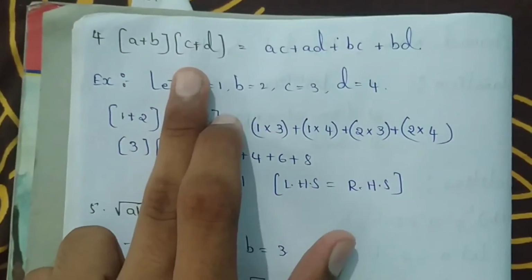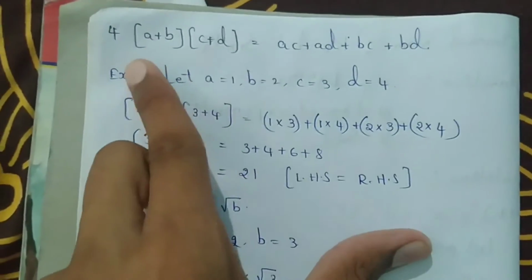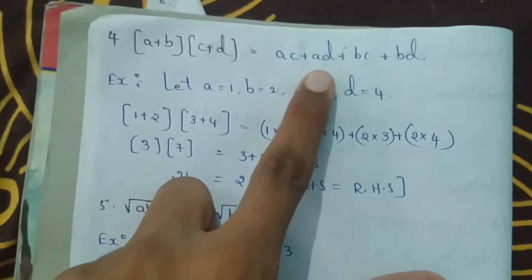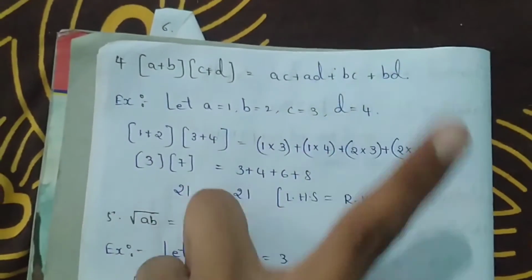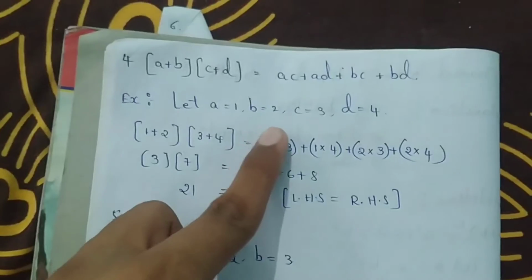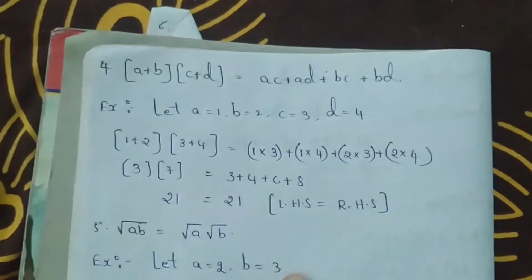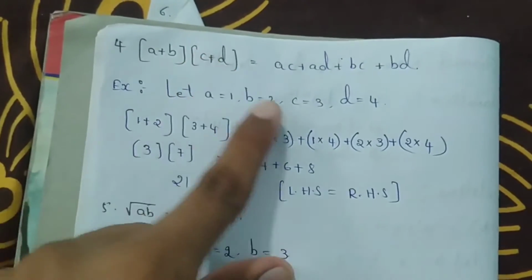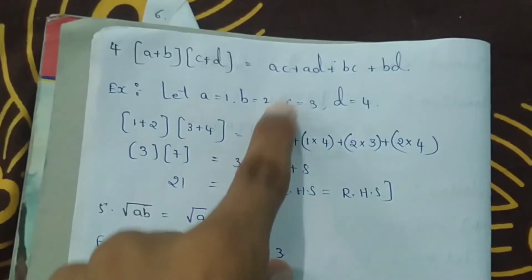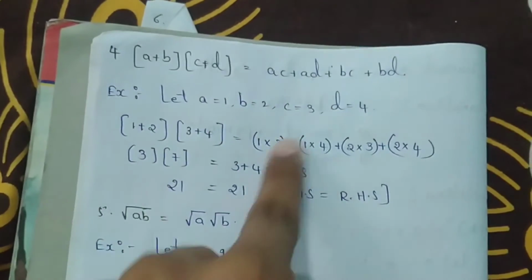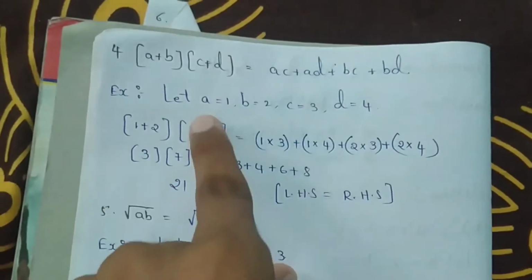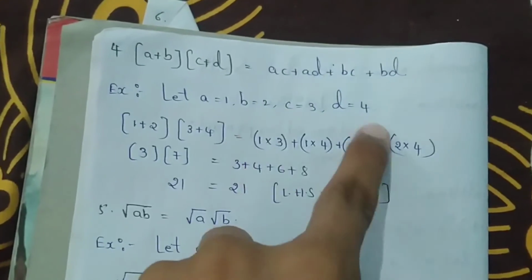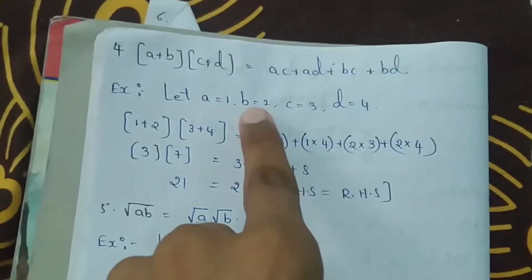See next, (a + b)(c + d). What is the formula here? ac + ad + bc + bd. Let a = 1, b = 2, c = 3, d = 4. (1 + 2)(3 + 4) is equal to a into c, 1 into 3, plus a into d, 1 into 4, plus bc, 2 into 3, plus bd, 2 into 4.